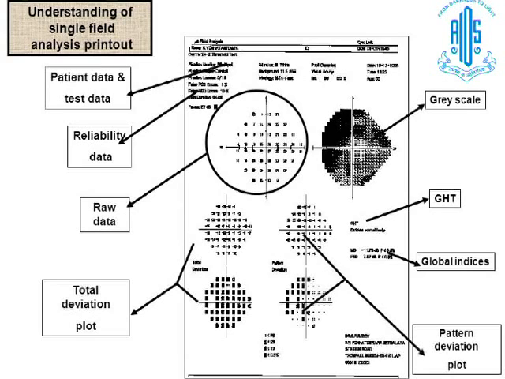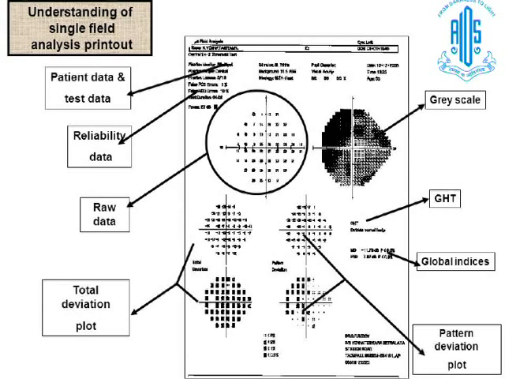Then we know whether the near vision correction given is correct or not. Age should be entered properly. Then the test data: whether we selected 24-2 or 10-2, what strategy we want, whether we require SITA standard or SITA fast, and the size of the stimulus is always size 3.